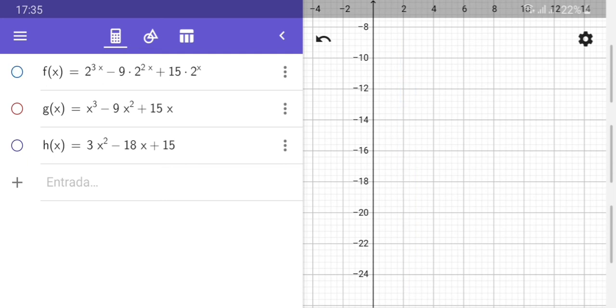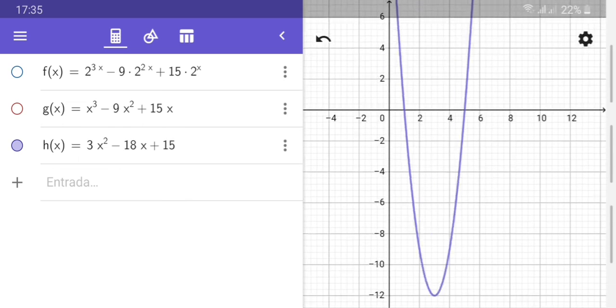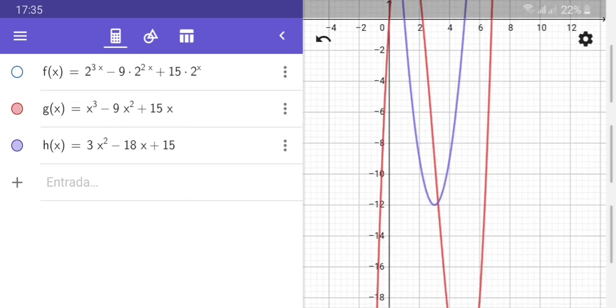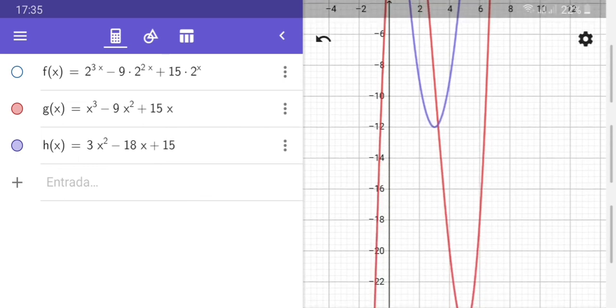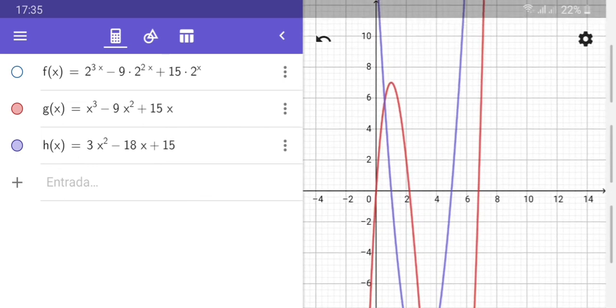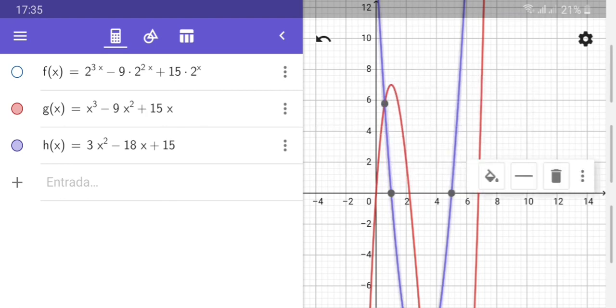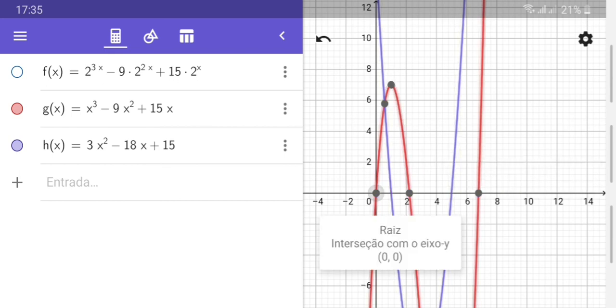Now let's see the derivative function. Look, you see that this purple one is the derivative of the red function.